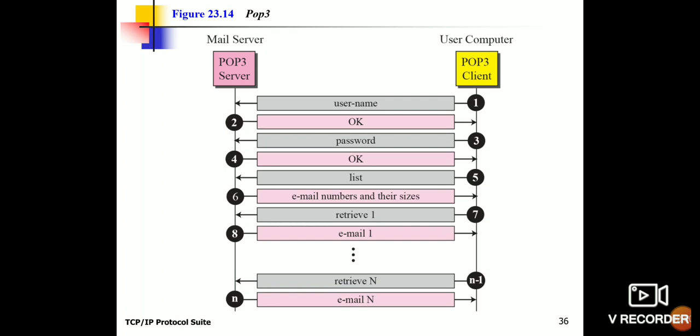So whenever I log in, I enter my username and the POP3 server gives me an OK, then I enter my password and it gives me an OK: yes, I got authenticated. Then when I get in, I send a list request. The POP3 server sends email numbers and their sizes, and the POP3 client sends a retrieve-one-message request, and the server gives email one.